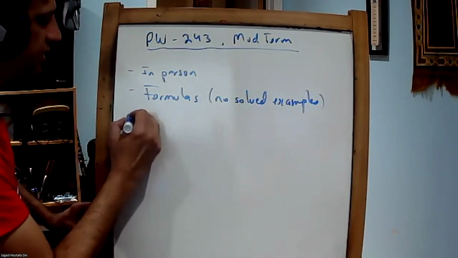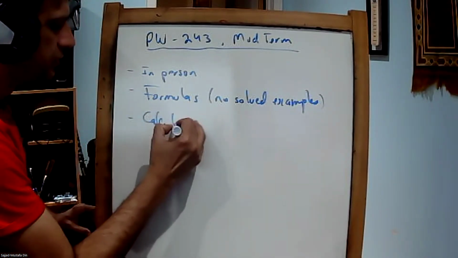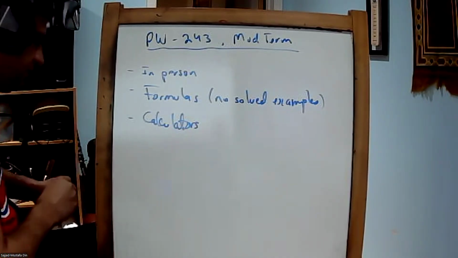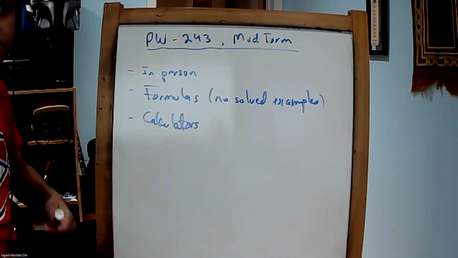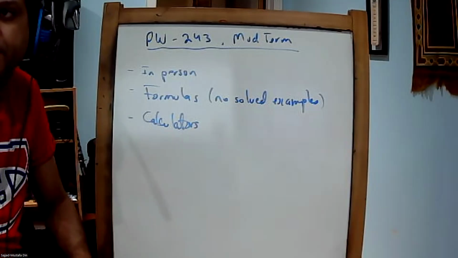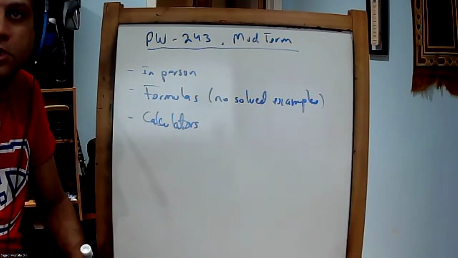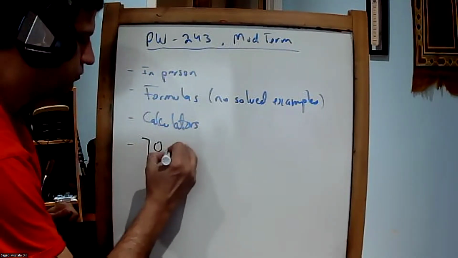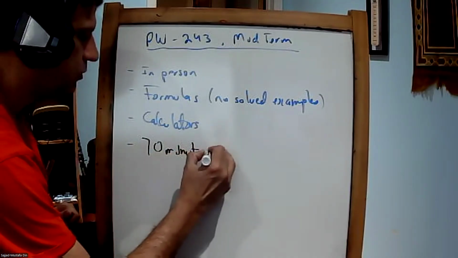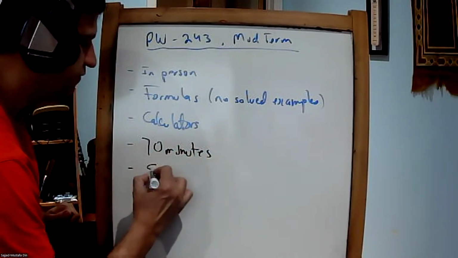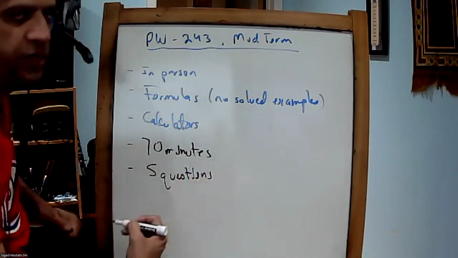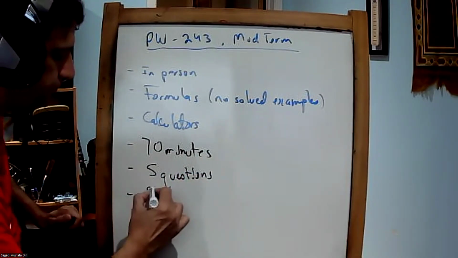Make sure you bring your calculators and go through what some of the main things are. So it's going to be 70 minutes long. It has 5 questions, and you must show your work.